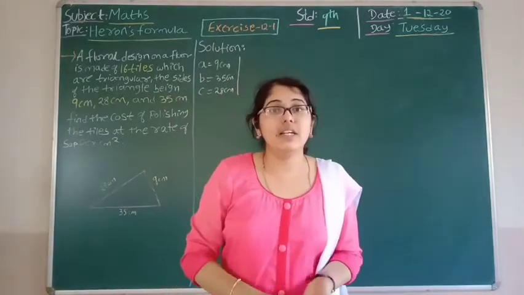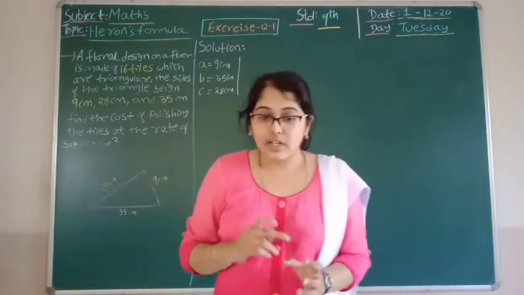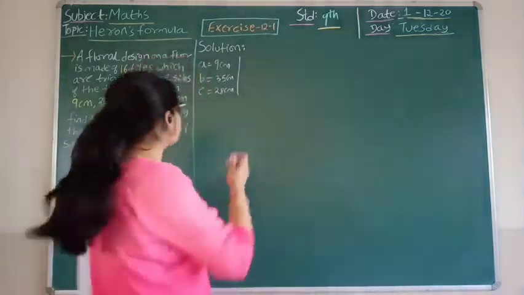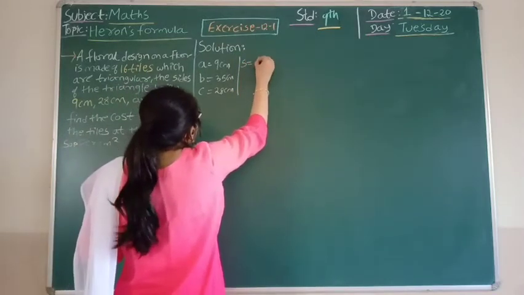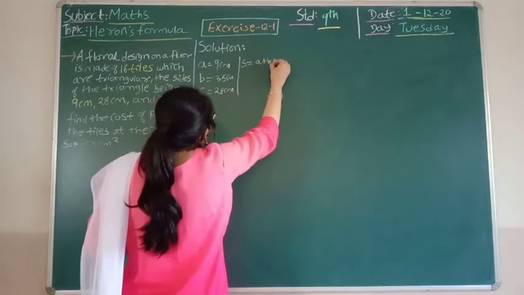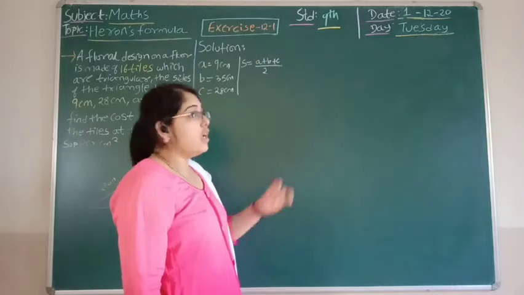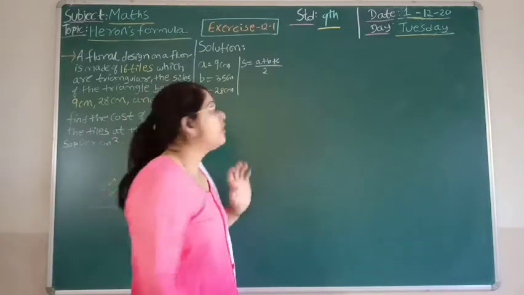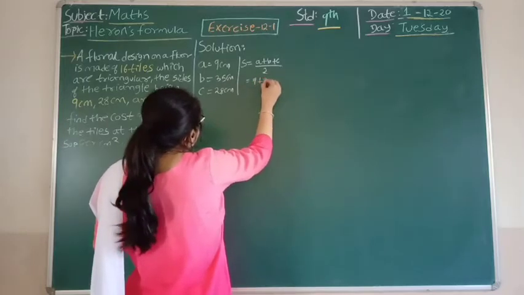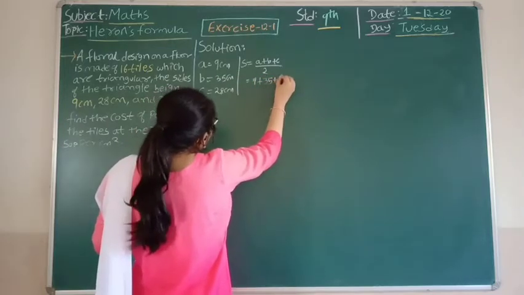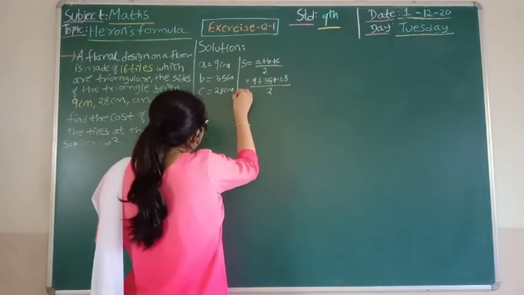So basically we need the semi-perimeter, and the formula for the semi-perimeter is s equals a plus b plus c, whole divided by 2. Now put the values of a, b, c. So you get 9 plus 35 plus 28, whole by 2.